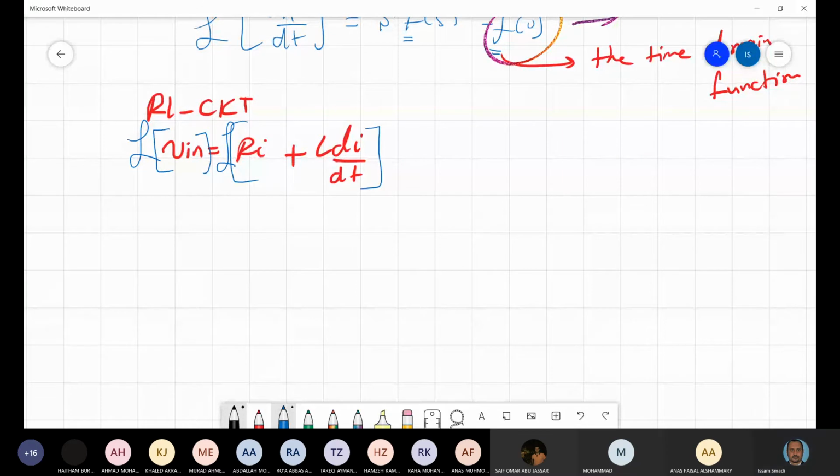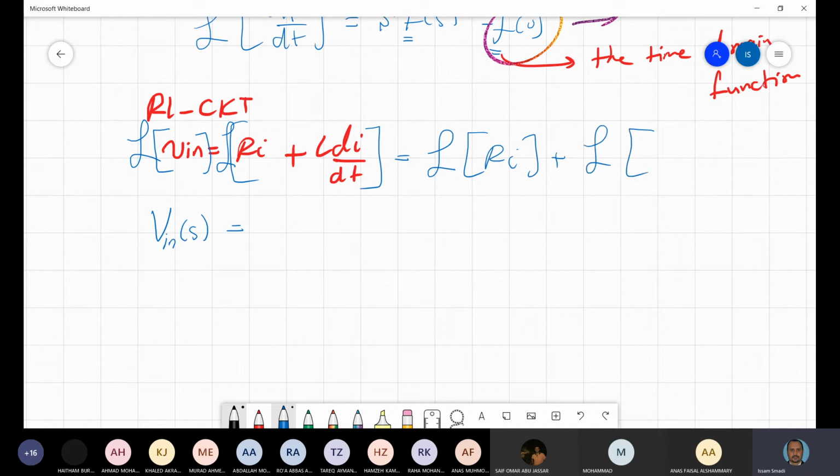Now this is a function, so Laplace transform for it is Vn capital in term of s equal. R is constant. We know this one can be separated to Laplace transform of Ri plus Laplace transform of L di by dt.